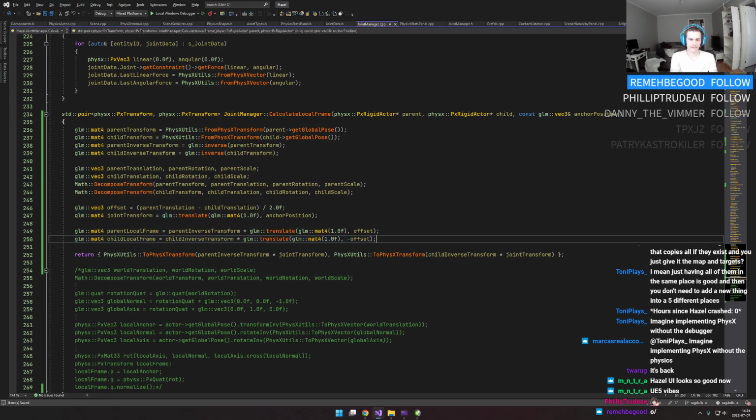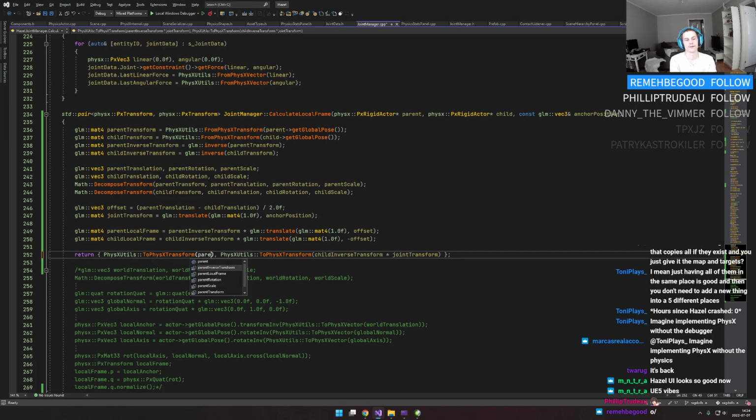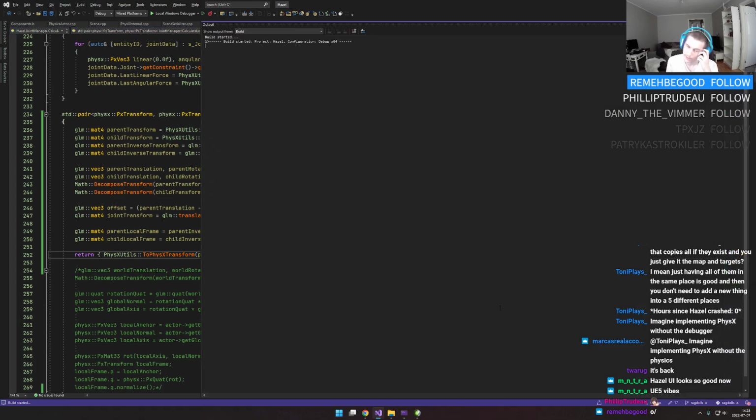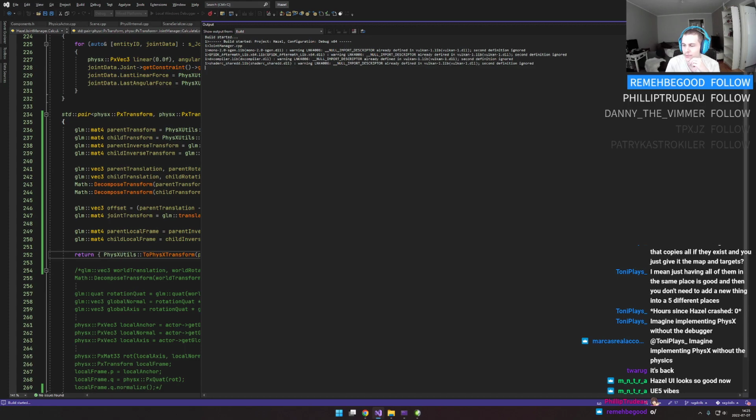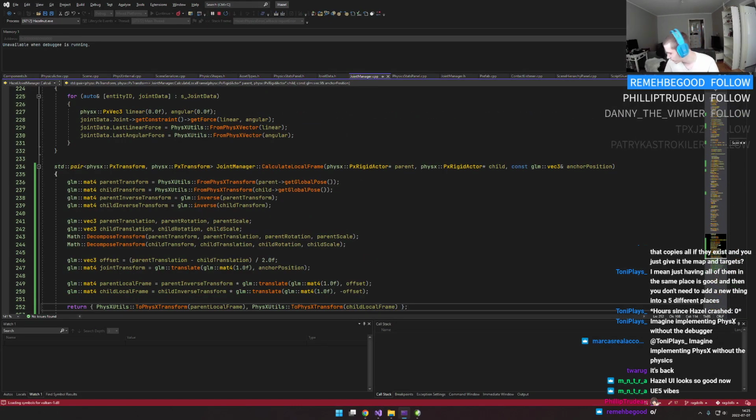Translate this by the negative offset. Everything, local frame. I have no idea if this is correct, but it does mean we will automatically be calculating the joint offset.